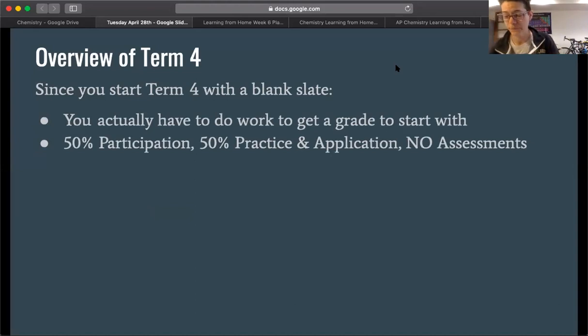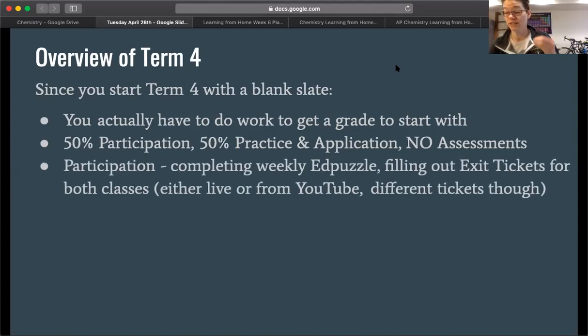For me and my class, because we were given flexibility on what we considered these things to be, participation is going to count as doing an Edpuzzle and filling out exit tickets at the end of my classes, whether you are here live in class or you watch it on YouTube. I will give you a bit.ly link for an exit ticket that you have to fill out.